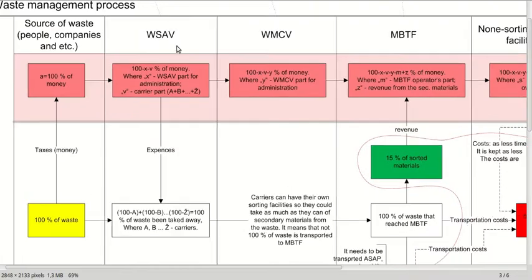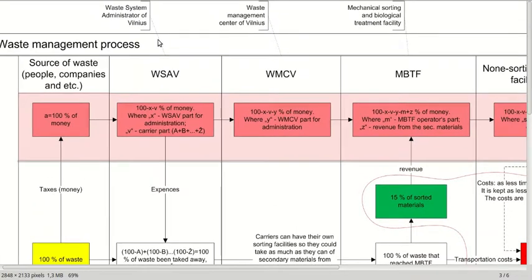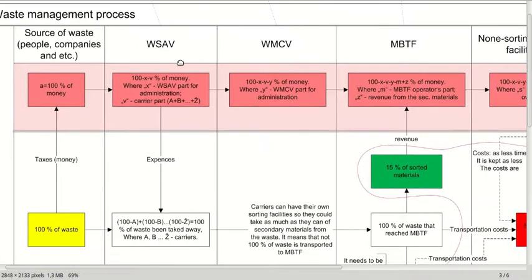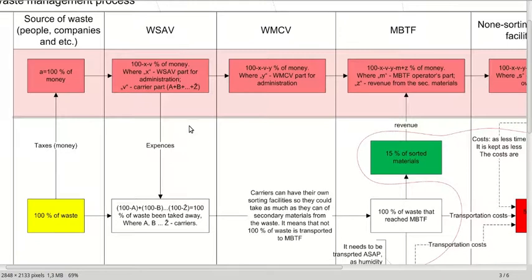Alright, then the waste system administrator of Vilnius would give some money to the carriers, who would then take the 100% of waste. A, B, and G, it's a Lithuanian letter. I didn't bother to change it to an English Latin letter.